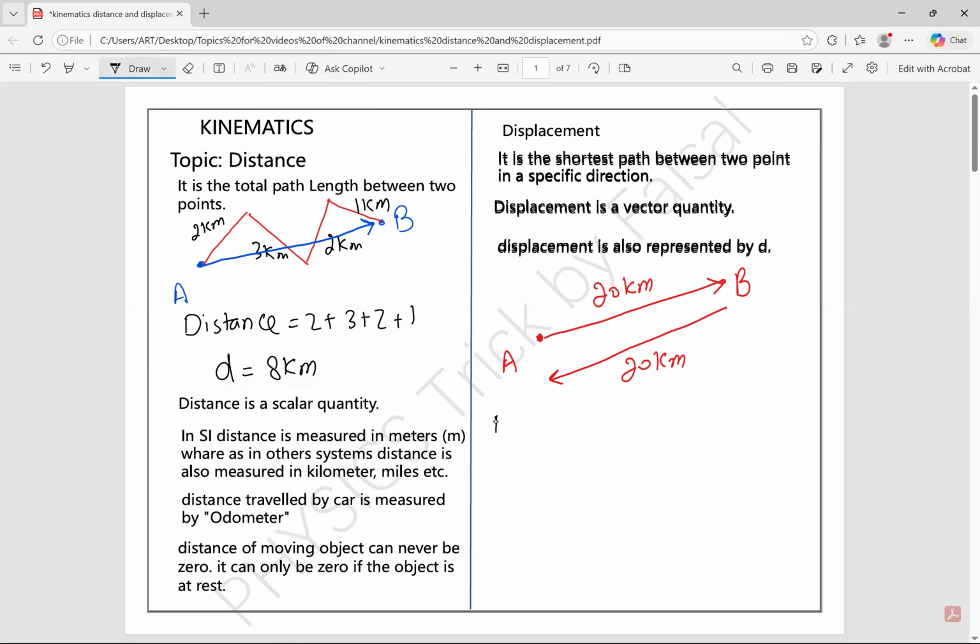When we calculate the displacement of this car, then the forward displacement is taken as plus 20. But when we add the backward displacement, when the car is traveling from B to A, we will take this minus 20 because displacement is a vector quantity. And when you consider a vector, you have to consider the negative sign as well.